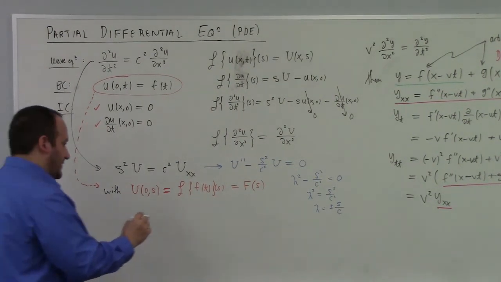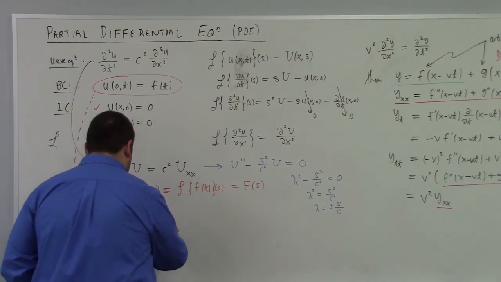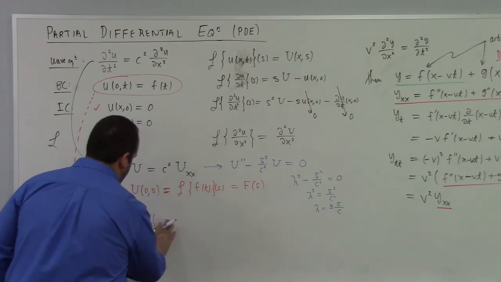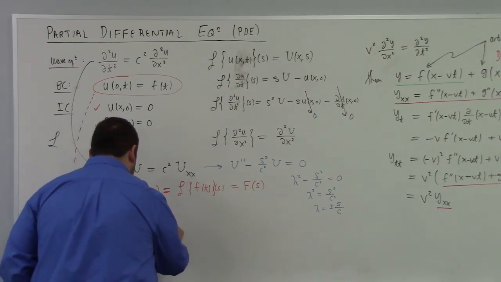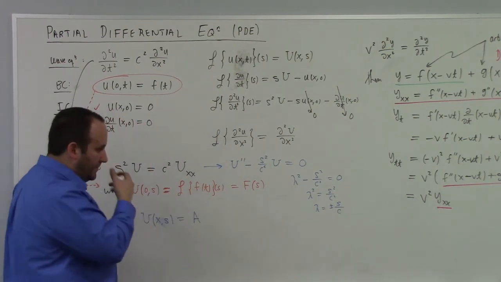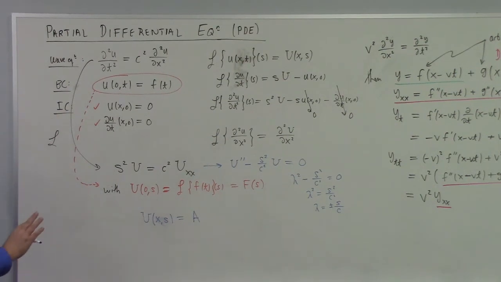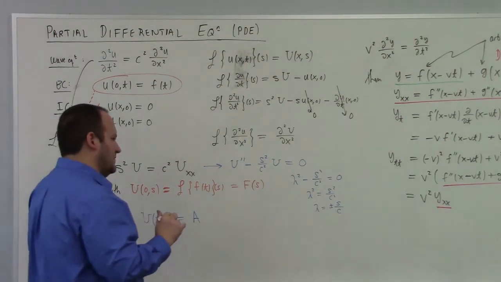So what's my general solution? u of x comma s is equal to like A. Oh, you know what? I think it pays off here to use the Cauchy-Euler solutions. So let me do that. Do I want to do that?